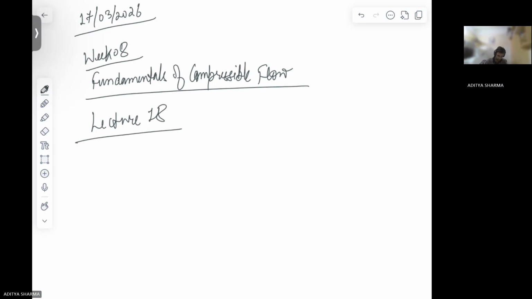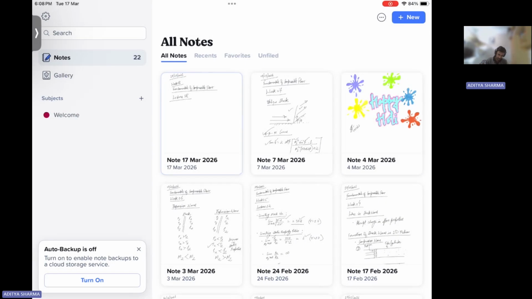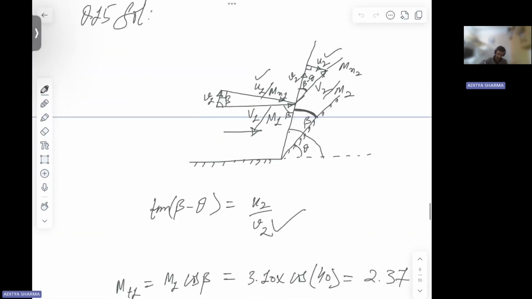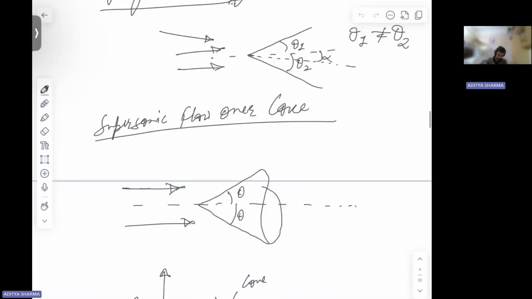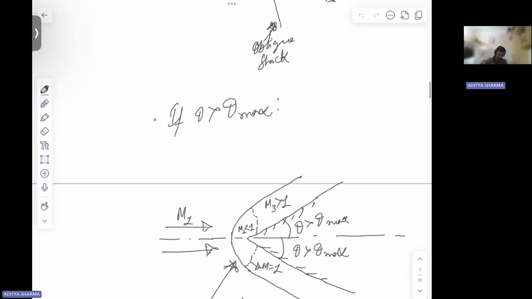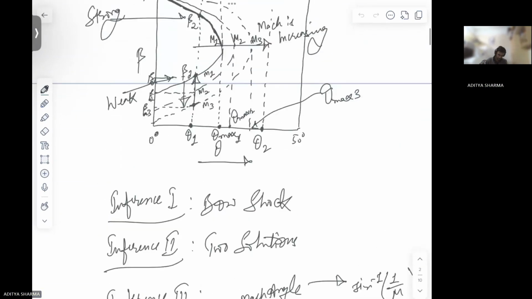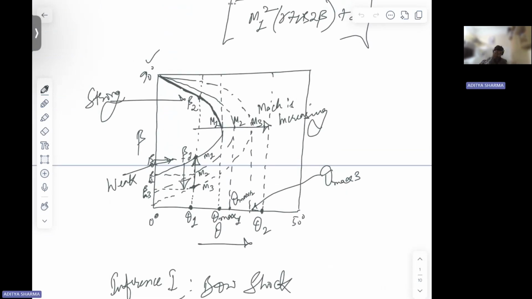First is the theta beta M curve. The theta beta M curve we'll see from previous lectures' content only. So this is your theta beta M curve.